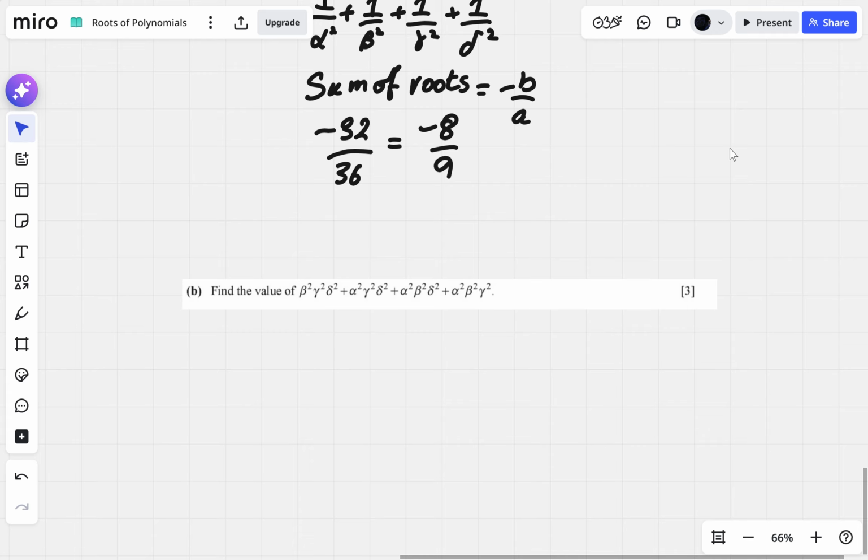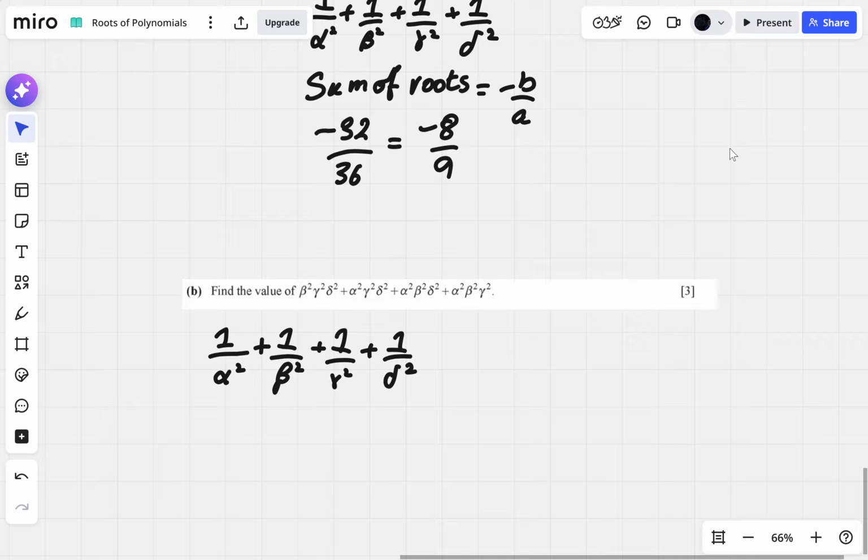So we can do this by taking the sum. Just write that down: 1 over alpha squared plus 1 over beta squared plus 1 over gamma squared and then plus 1 over delta squared.